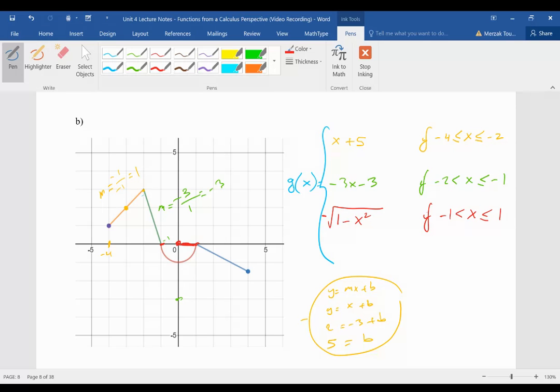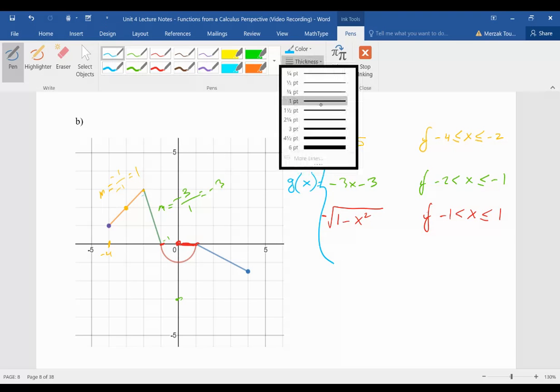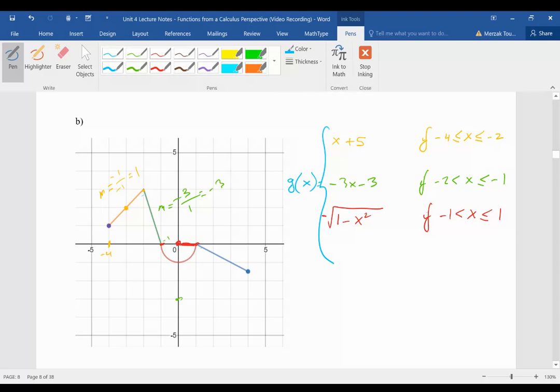Now, let's work on the last part, which is the blue one. The last line segment starts at negative 1 and it stops at 4.